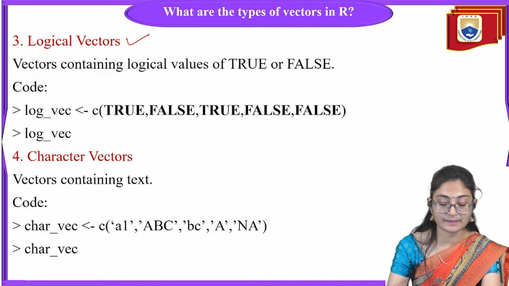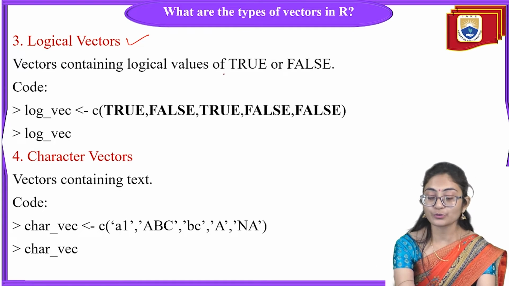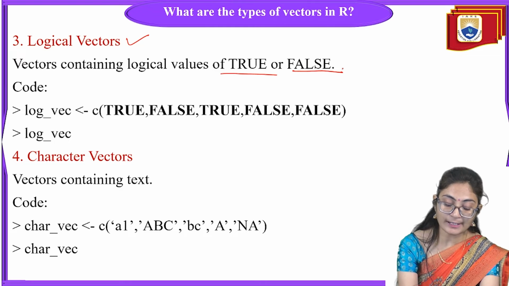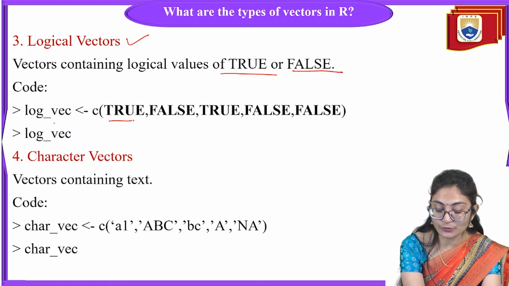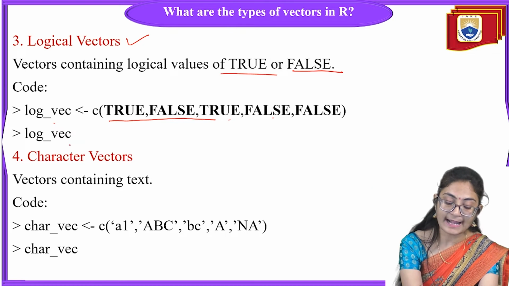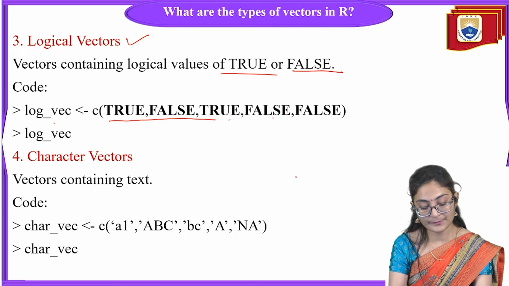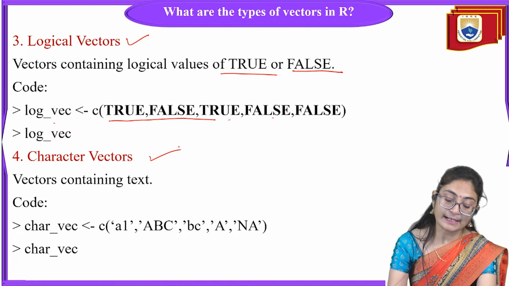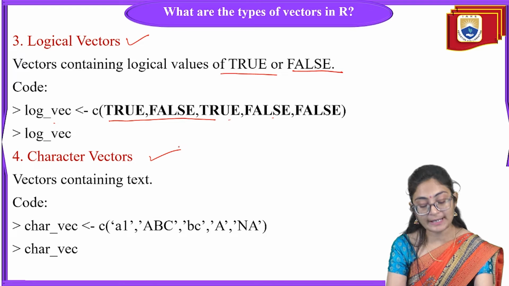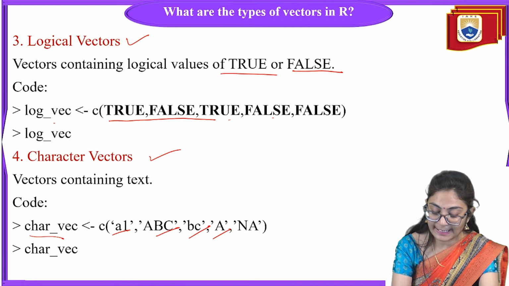Then logical vectors. Vectors containing logical values of true and false. The logical vector contains TRUE, FALSE, TRUE, FALSE. I provided some values and it will give the output TRUE, FALSE, TRUE, FALSE. Then character vectors. These vectors contain text, for example A1, A2, BC, A, NE.